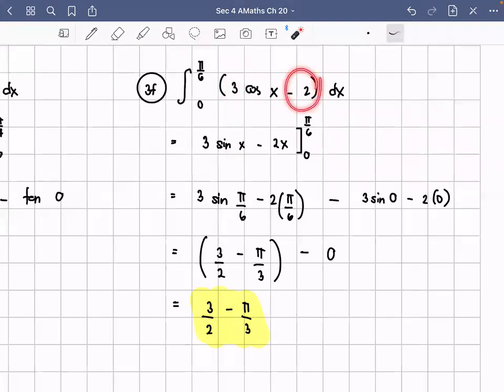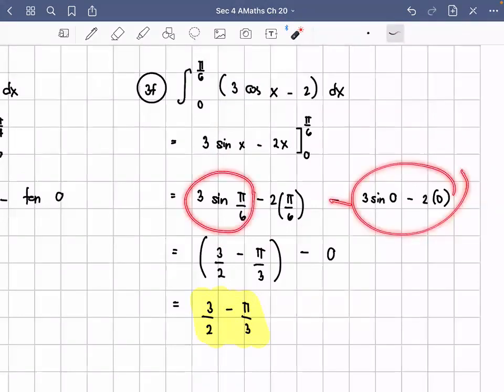And then the antiderivative of minus 2 is minus 2x. Okay, so this is your answer, right? So let's now find the answer from 0 to pi over 6. So for your upper limit, you get 3 times sine of pi over 6 minus 2 times pi over 6, minus, for your lower limit, 3 times sine of 0 minus 2 times 0.